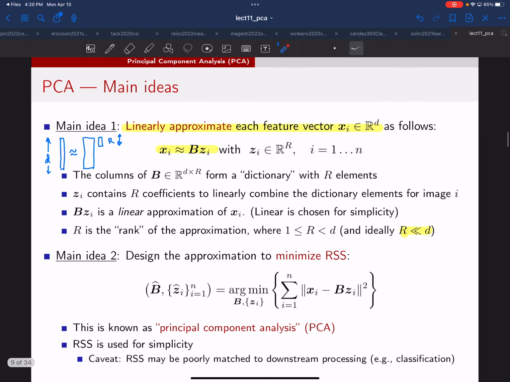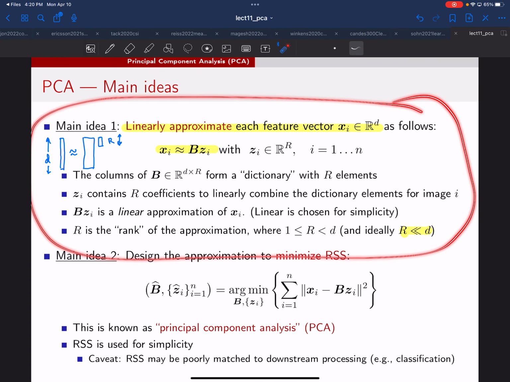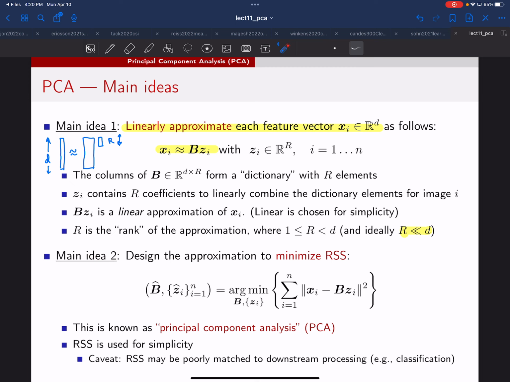Okay, so are there questions on this overall approach? Yeah. If we're training a different z_i for each image, how do we expand that to do something on data that it wasn't trained on?